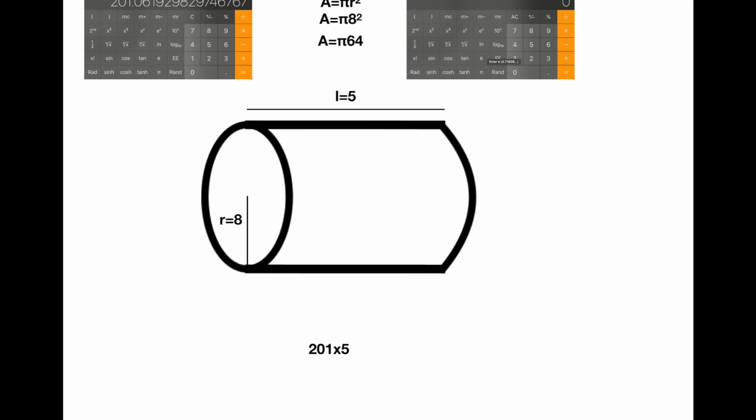Okay, so again, know the length, so multiply the length times the area of the circle, and then let's get another calculator out, and it equals 1005. So the volume of the cylinder is approximately 1005 units cubed, because it wasn't exactly 201, I just rounded.